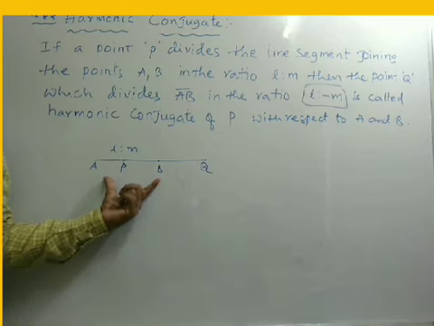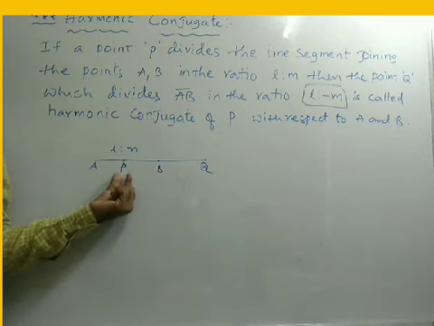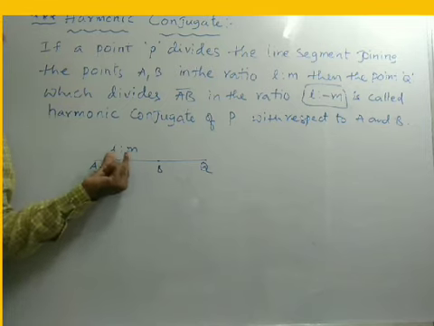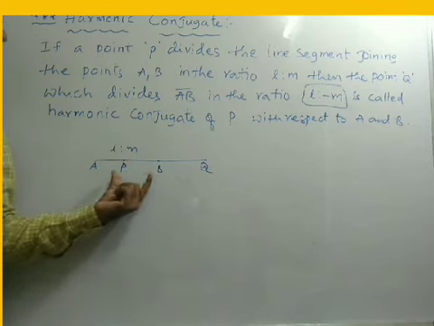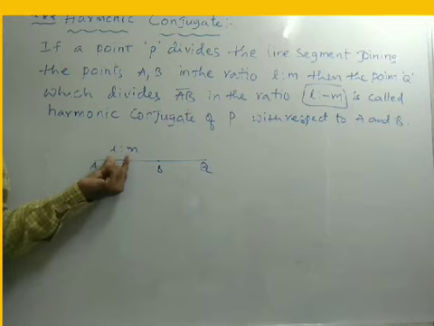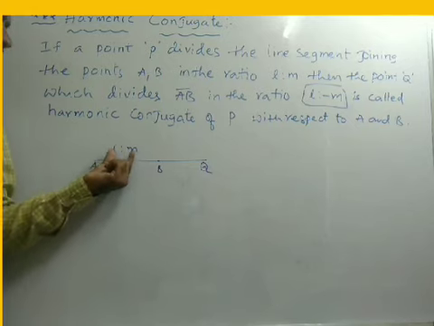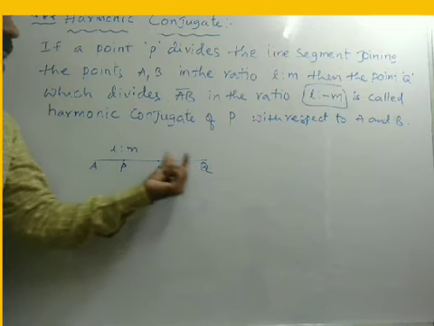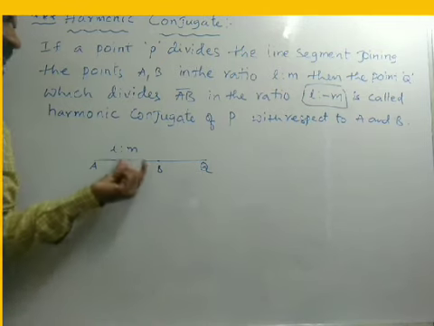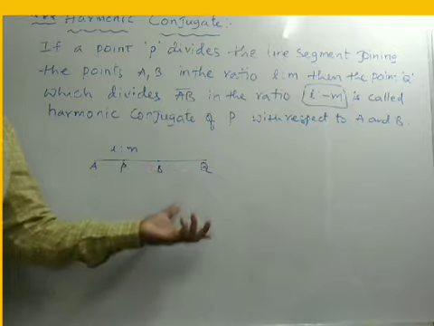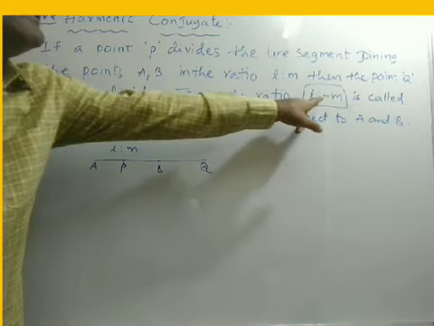AB is a line segment and P is a point which lies inside AB. I mean, the meaning of dividing L is to M is that P divides AB in the ratio L is to M internally. Suppose P divides AB in the ratio L is to M internally, then Q divides in the same ratio L is to M externally. That's what we mentioned with the negative sign.